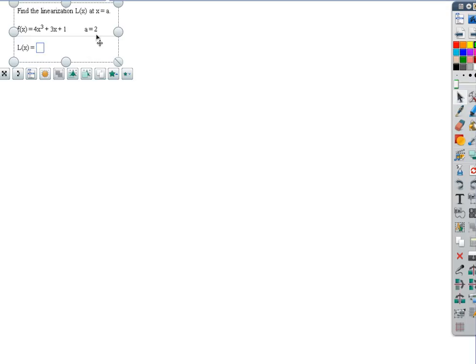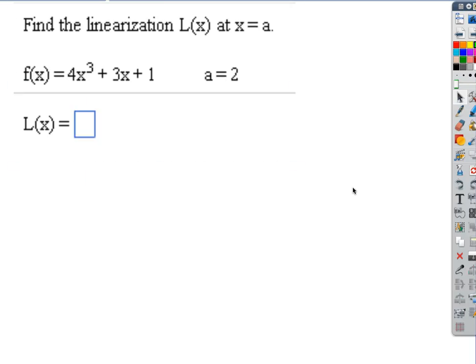So that's just going to be 4 times 2 cubed plus 3 times 2 plus 1. So what is that? 32 plus 7 is 39. So there's the y value of the function. The x value is 2, right?